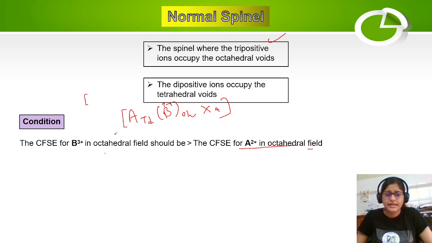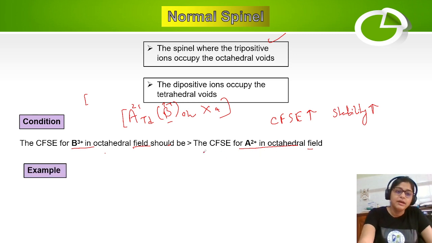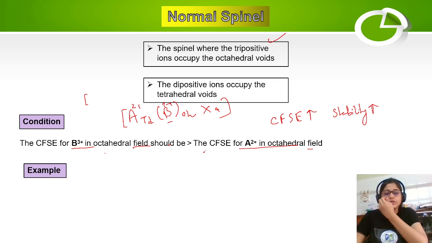Higher CFSE means higher stability. After exchanging, A2+ would go into the octahedral void, and that time CFSE will be less. Fine.